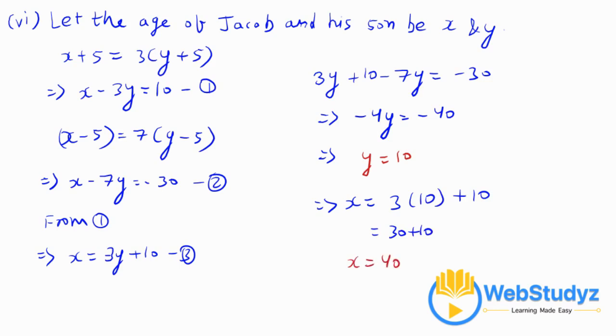This means that Jacob's present age is 40 and son's present age is 10.